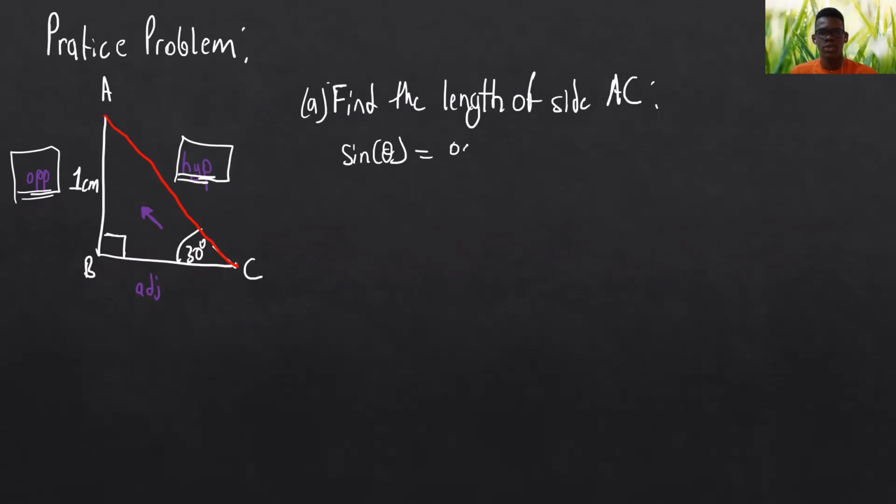And the sine ratio says sine theta is equal to opposite divided by the hypotenuse. Right? Now let's just substitute for what we know. We know theta is always the angle that you use to label. It's equal to the opposite, which is 1 centimeter, and the hypotenuse is AC.